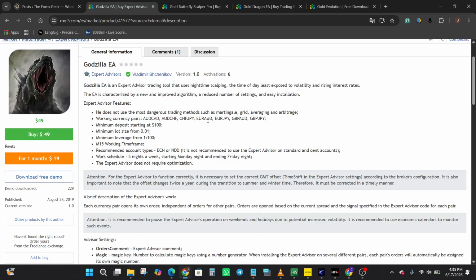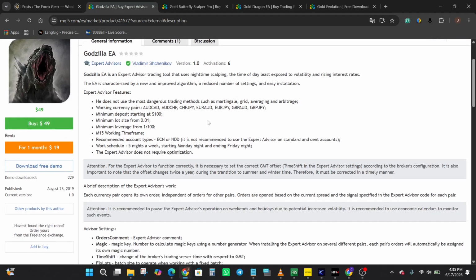The developer also highlights that the EA uses a newer algorithm with simplified installation and a reduced number of settings, which can make the setup process easier compared to more complex systems.